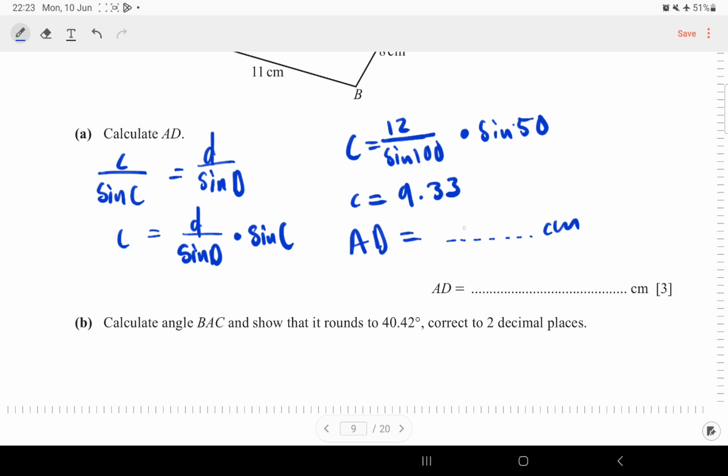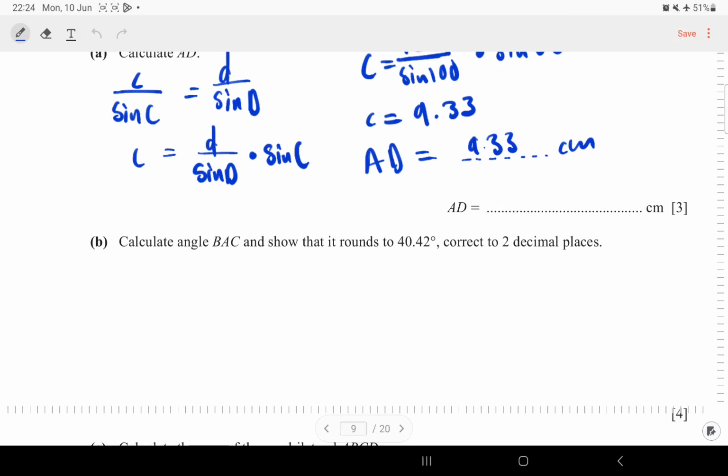I hope you got the same answer as me. 9.33 centimeters. The reason we put 9.33 is because they want answers that are not exact to be to 3 significant figures. That's three significant figures right there.